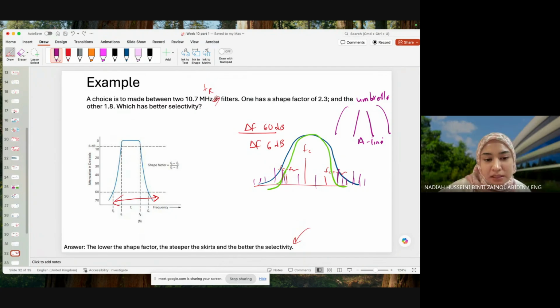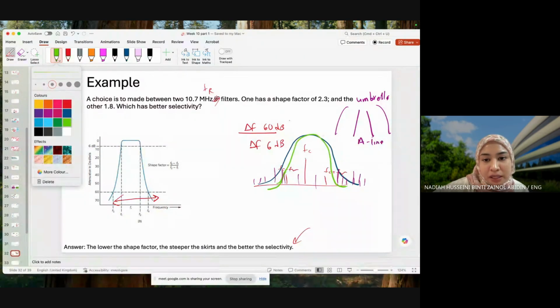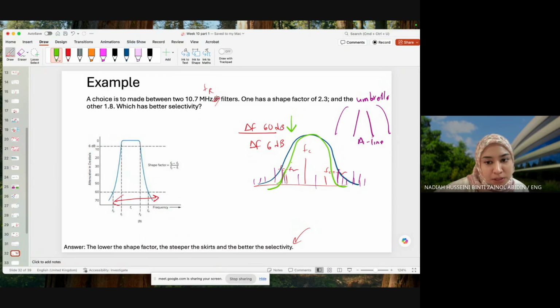So an A line skirt is steeper, which means that the 60 dB bandwidth is smaller. If this is smaller, our shape factor is smaller. So if my 60 dB is small, which represents the green filter, my shape factor will be small.